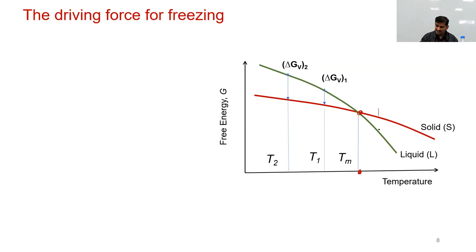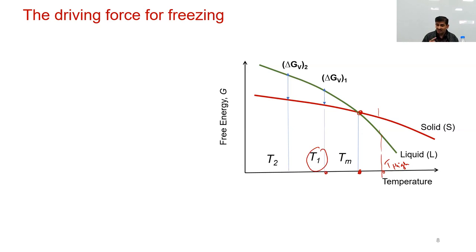So at some temperature, say T high, the stable phase will be liquid. At the melting point, both phases coexist with each other. And as we go below the melting point Tm, let us imagine we are able to cool the liquid without solidification, without solid forming at all. Supposing by some means we are able to maintain the liquid below the melting point, and we reach some temperature T1.